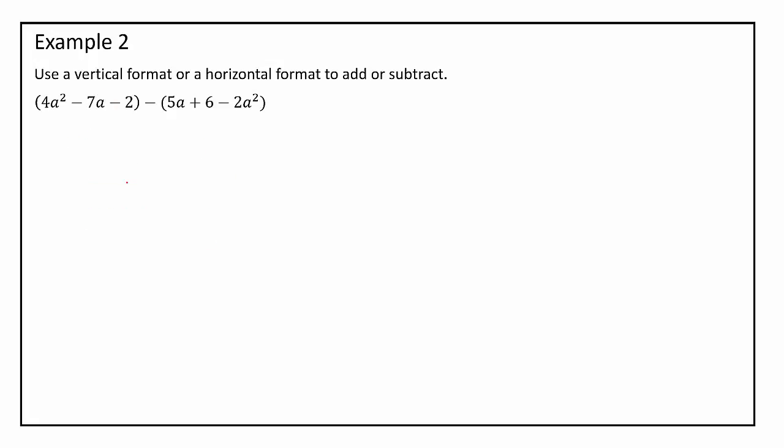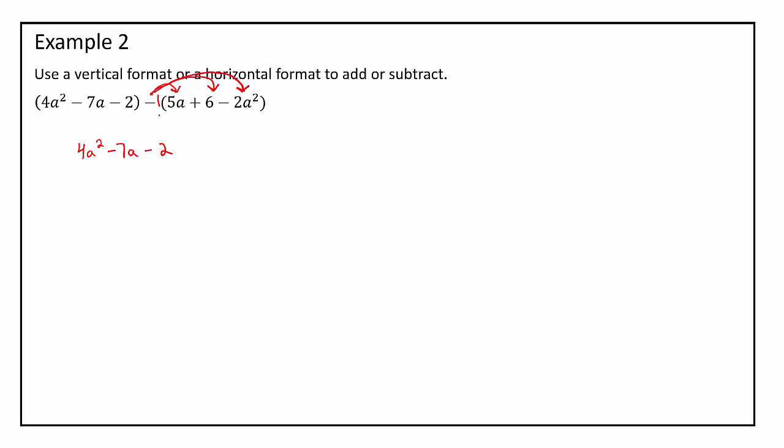So what's different when we subtract instead of adding? What happens is that this negative is going to affect everything in the second parentheses. It's basically like we're distributing a -1. And so we can start this off the same way, where we write out the first one or the longer one. And then when we go to write the rest of this, every single one of these is getting multiplied by a -1.